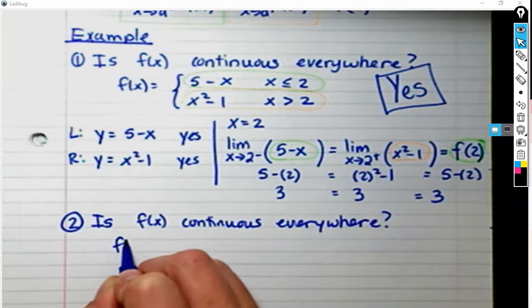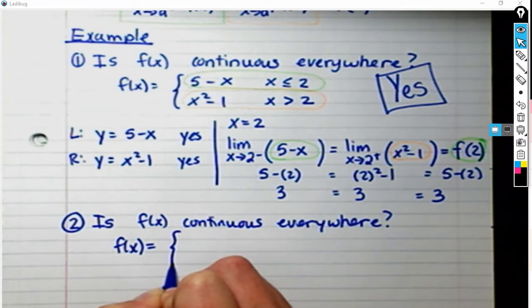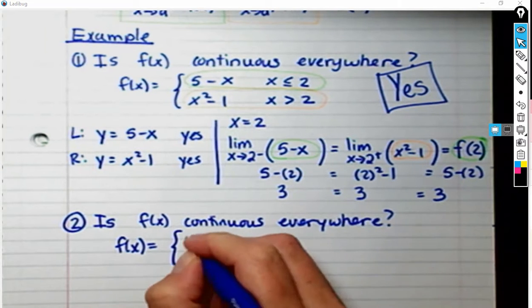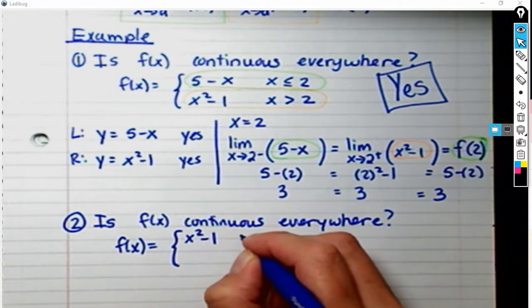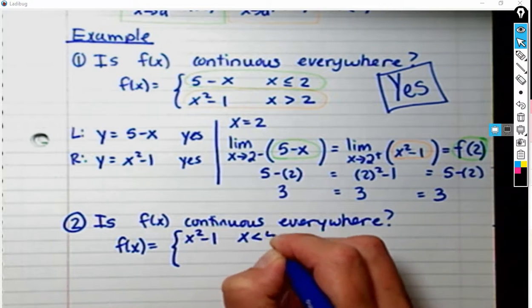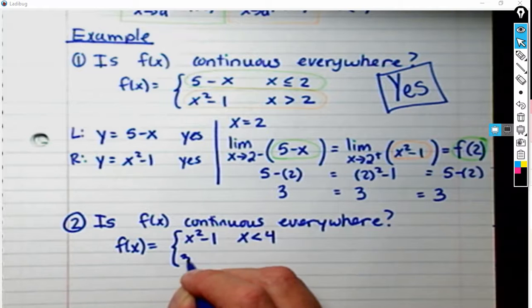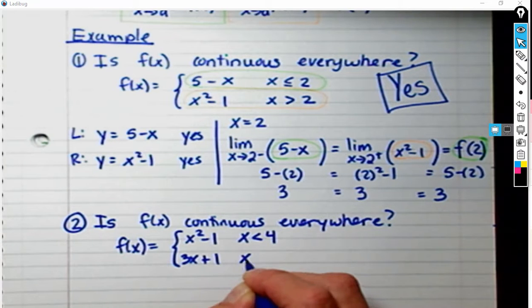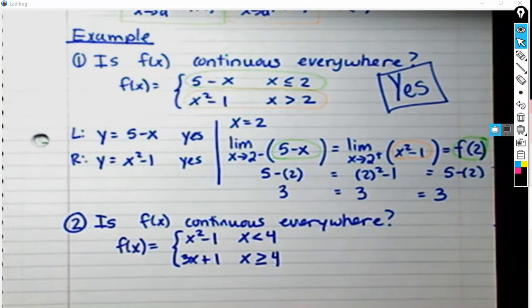All right, here's our f of x. We'll just do 2 parts. x squared minus 1 for x is less than 4. Then we'll do 3x plus 1 for x is greater than or equal to 4.